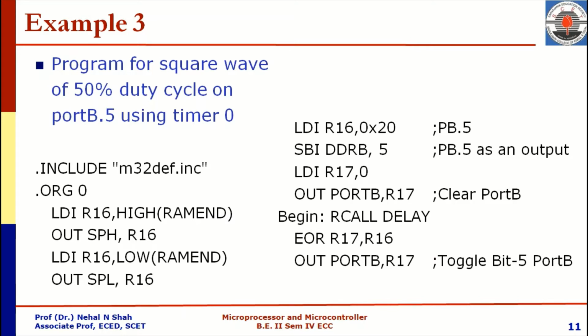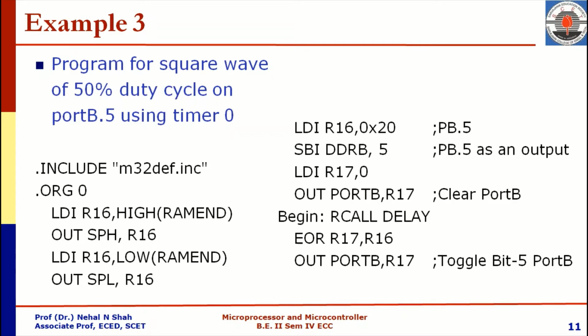Now we will use XOR instruction over here to toggle bit 5 of port B. R17 is loaded with 0. Bit 5 of R16 is 1. If we XOR any data with 1, then that data will toggle. So originally bit 5 in R17 is 0.